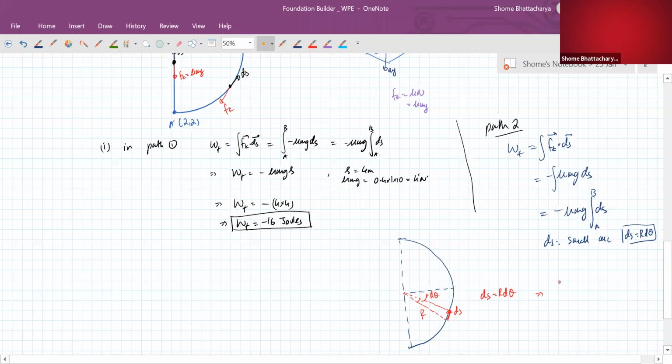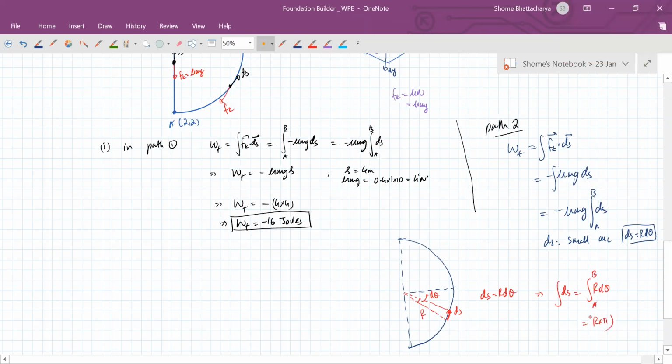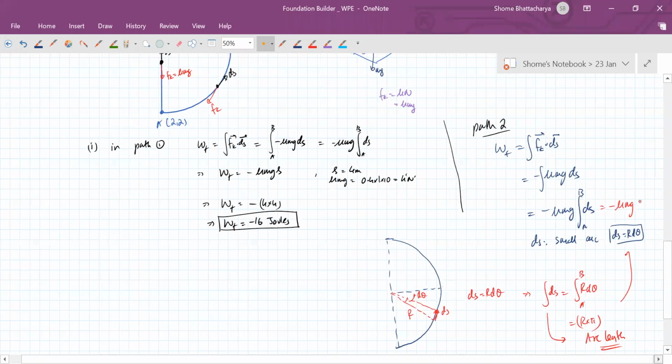Okay, so integration of ds will become integration of r d theta from a to b. So that will become r into pi, that is the arc length for the semicircle. So this will become minus mu mg into pi r, where r is the radius of the semicircle.